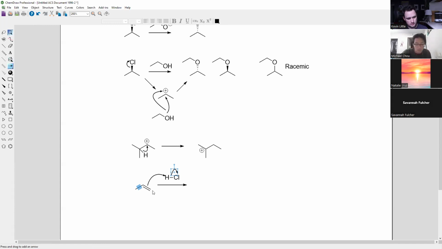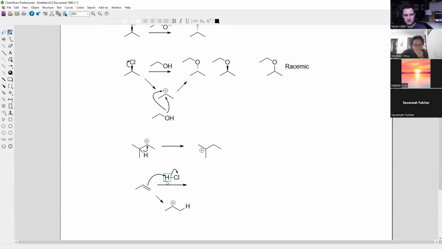So you have to be aware, and this goes for any reactions in this class, anytime we form a carbocation, you have to be aware of carbocation rearrangements. So this happens in this reaction, it happens in this reaction.